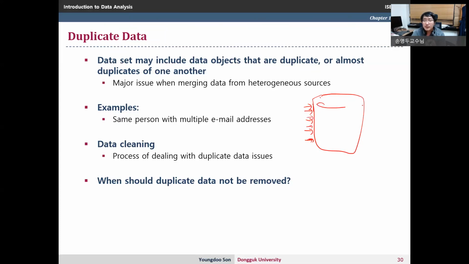However, some data objects are duplicated. It means that one record is recorded twice or more. The major source of this duplication is merging data from heterogeneous sources.